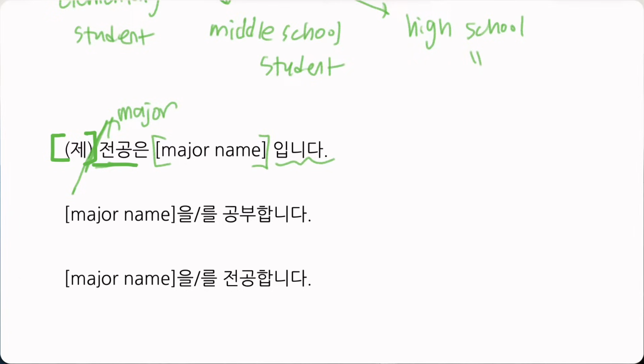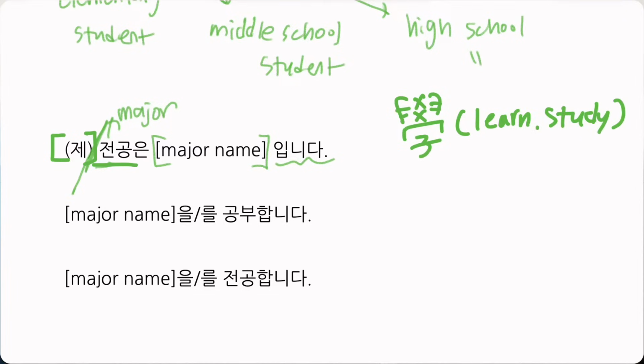Major name입니다. A lot of major names have 학 in it. 학 comes from this Chinese character, which means like learn, study. 그래서, for example, if you say your major is linguistics, we say it's a language study. So 언어 means language, 학 means study.